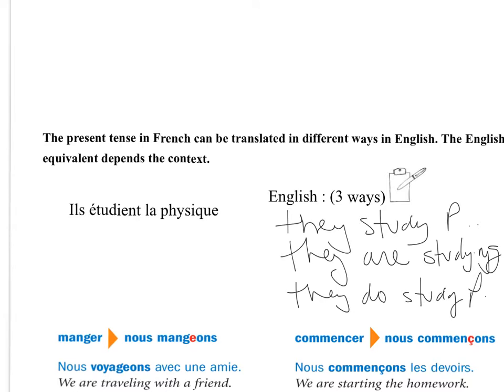Now, there are 3 ways to say it in English, but there's only one way to say it in French. Ils étudient la physique. So be careful not to translate these expressions from English to French by adding other verbs in there, like ils sont étudiés la physique. That doesn't make sense.